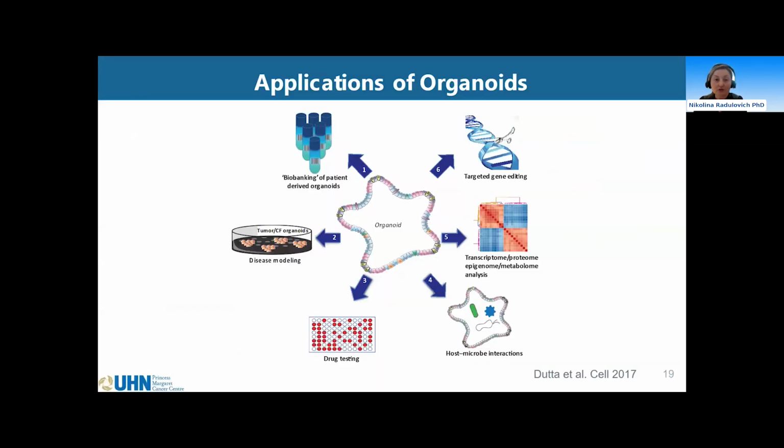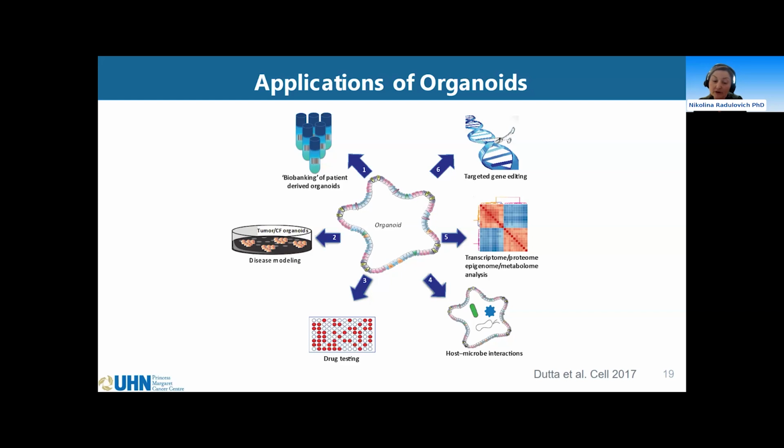Now, organoid technology has wide applications. It has been used for biobanking, which is what we are doing. You can use them for targeted gene editing and for disease modeling. Because they're pure tumor cultures, they're also very good for profiling. You don't have the connective tissues or other cell types that you would find embedded within the tumor tissue if you were profiling directly from the patient.